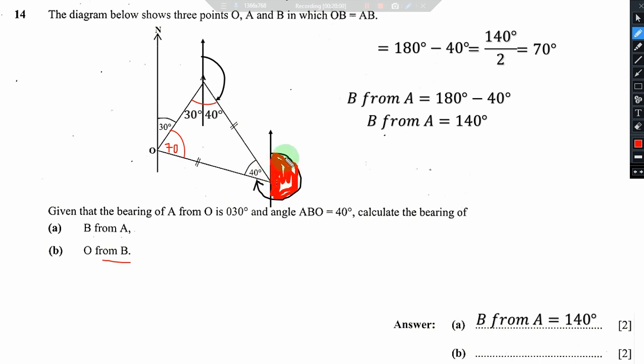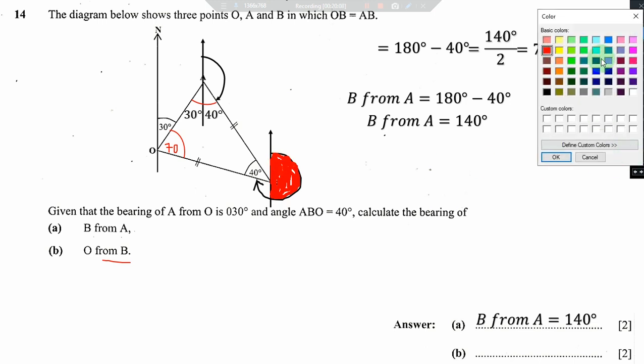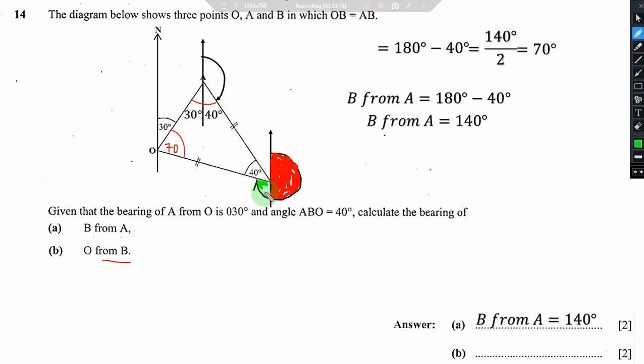Do you know what angle this is? This is coming from a straight line, so it is already 180. Good. So now we are remaining with one angle that we haven't solved, the green angle that I'm going to paint green here. This is the angle that we are looking for.